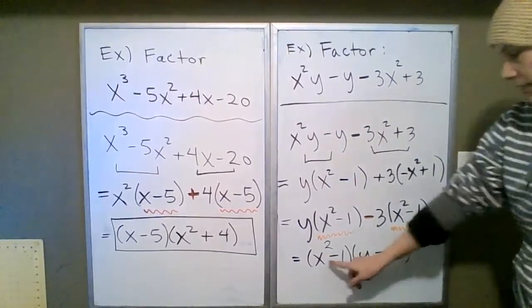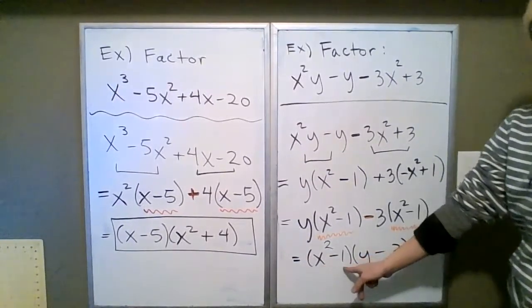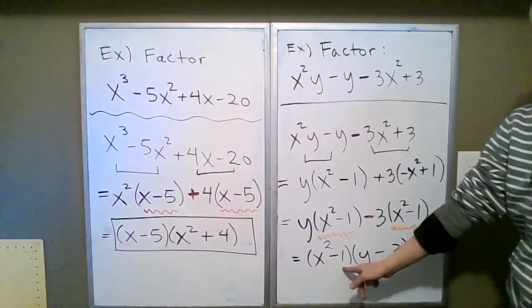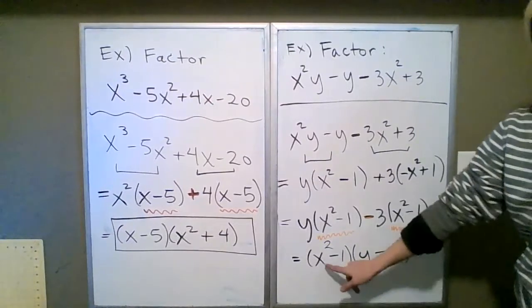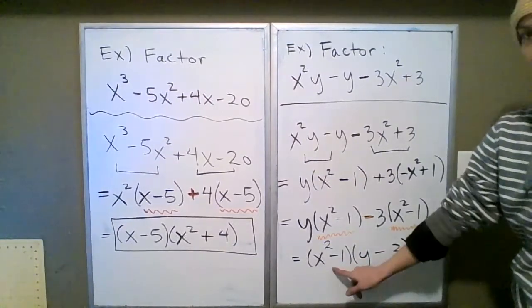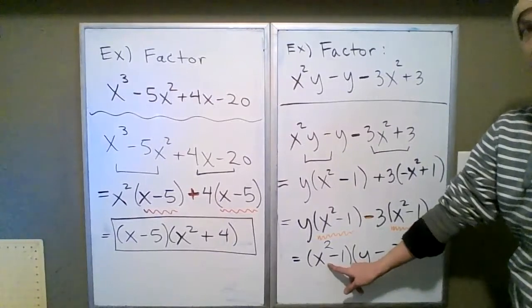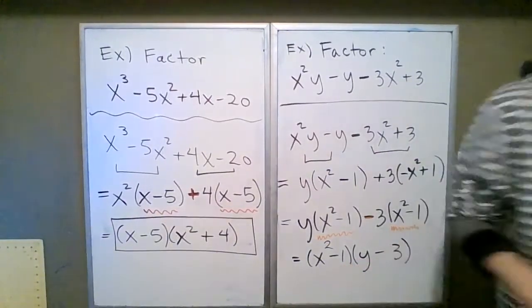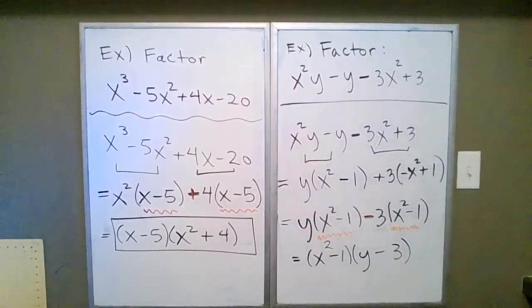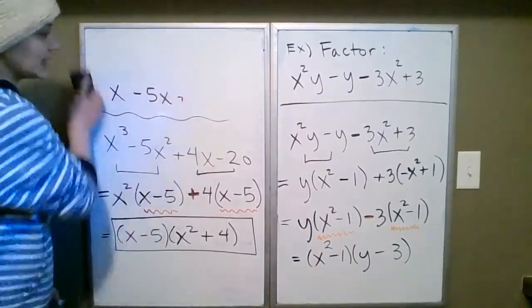And hopefully we have time to get to it today, but x squared minus 1 can be written as a difference of squares. So we can factor this part further, which is the goal. We want to fully factor every piece in this product, and this piece can be broken up. Okay, so we still need to go on and just keep factoring.